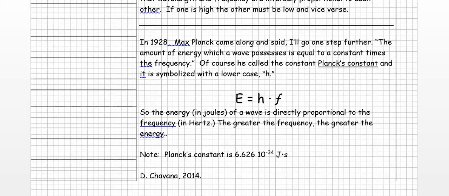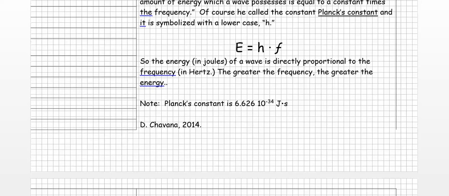So here is the formula: energy is equal to Planck's constant times the frequency. The energy in joules of a wave is directly proportional to the frequency in hertz. The greater the frequency, the greater the energy.